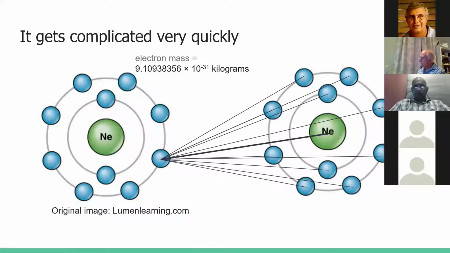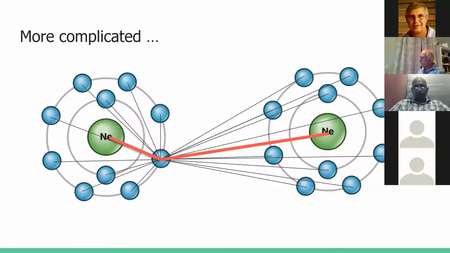Well, we don't know. And it gets even more complicated because it has to act on its own partners as well: the electrons in the atom and its own nucleus, which consists of 10 protons and 10 neutrons, and each one has to interact with each other gravitationally. You would agree that this is a very, very complicated mechanism, which, if we tried to describe it mathematically, we would run into trouble very soon.